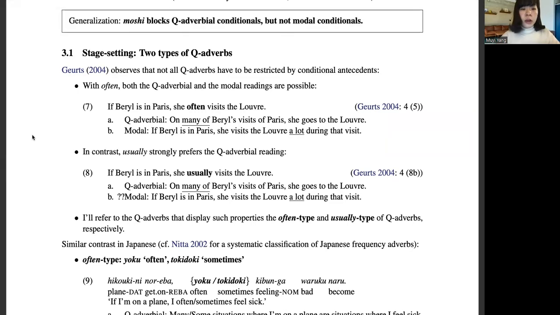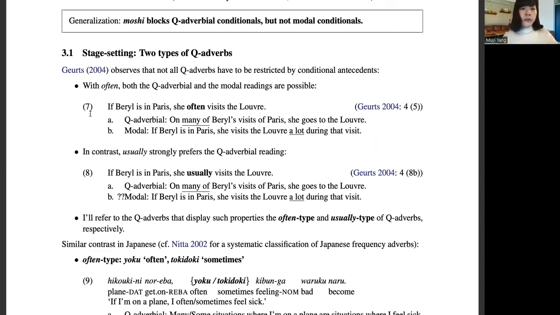First of all, with often, he observes that both the Q adverbial and the modal readings are possible. So if you look at the sentence in number 7, if Farrell is in Paris, she often visits the Louvre. The reported judgment is that the sentence is ambiguous between a Q adverbial reading and a modal reading.